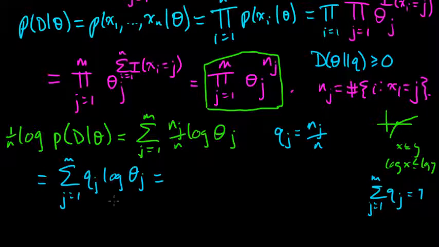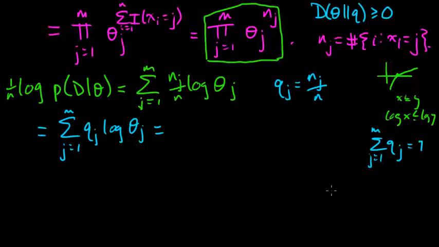So let's try to make this look like relative entropy. Well, what's relative entropy? Let me put it over here, between two distributions. Actually, I think I want this to be q with theta.